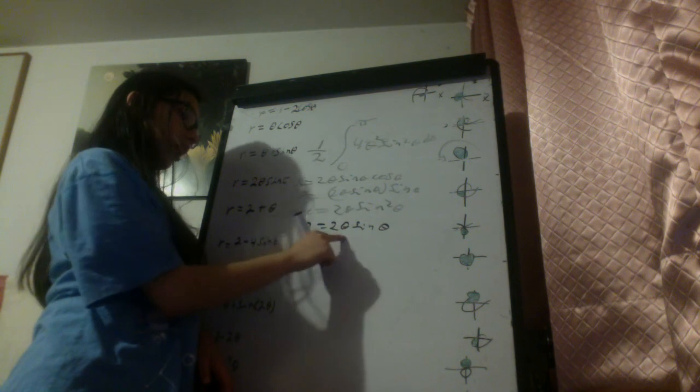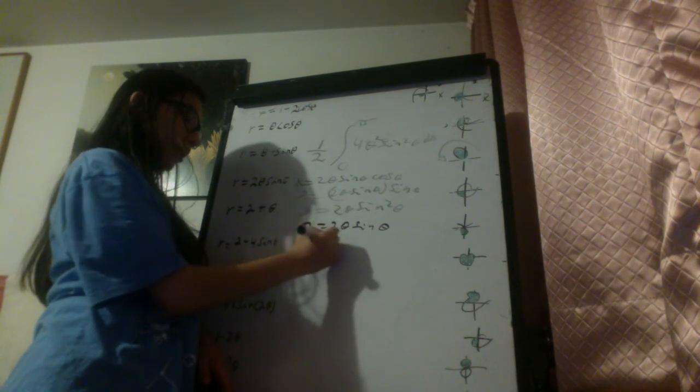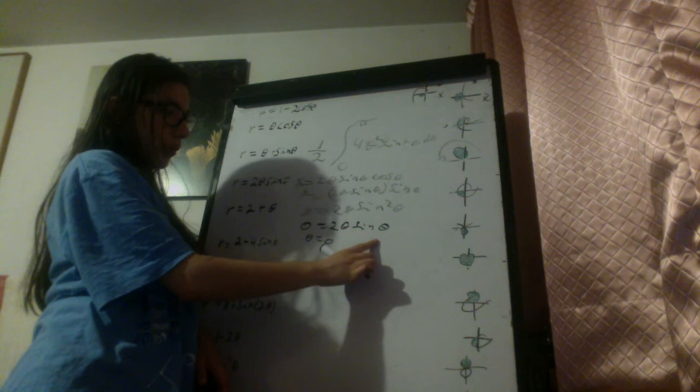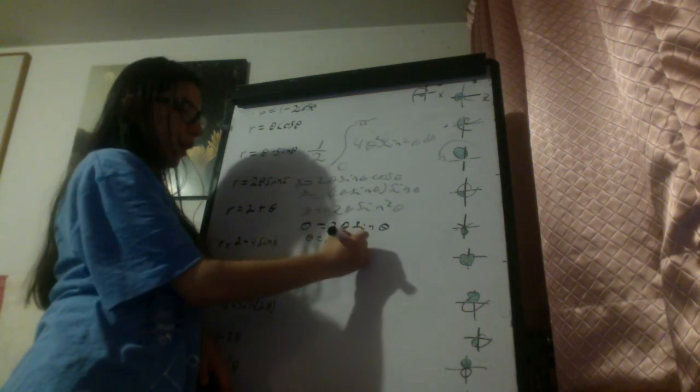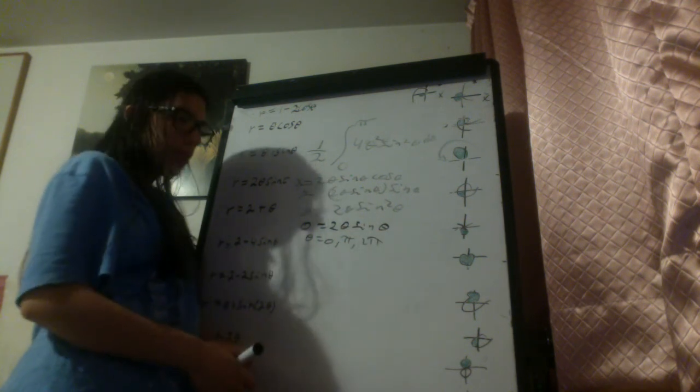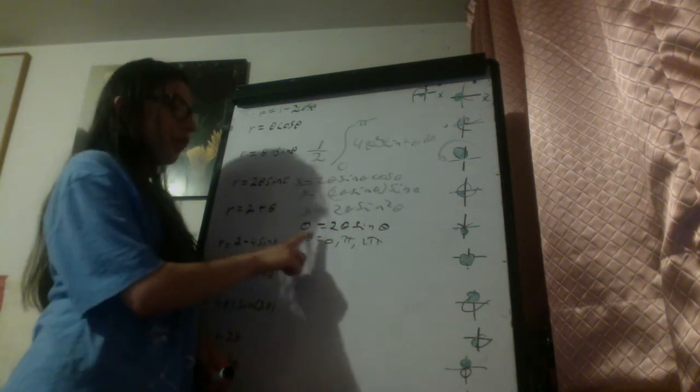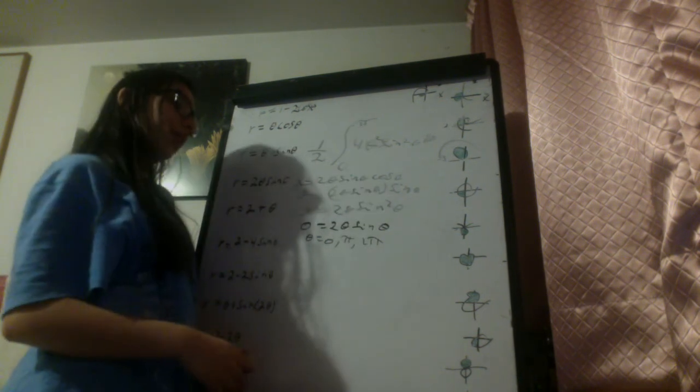Either 2 theta equals 0, in which case theta will be equal to 0, or sine theta is equal to 0, in which case theta will be 0, pi, 2 pi, etc. So we're going from the first 0 to the second 0, and that is from 0 to pi. From 0 to pi. That makes you comfortable.